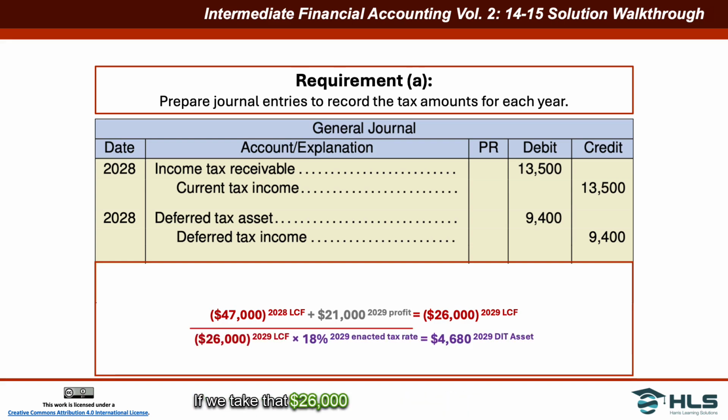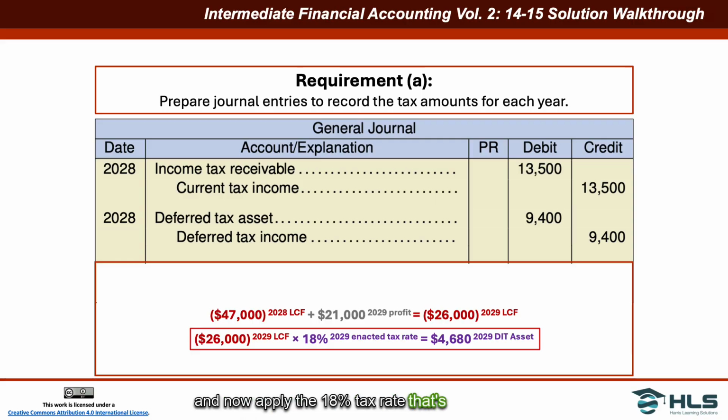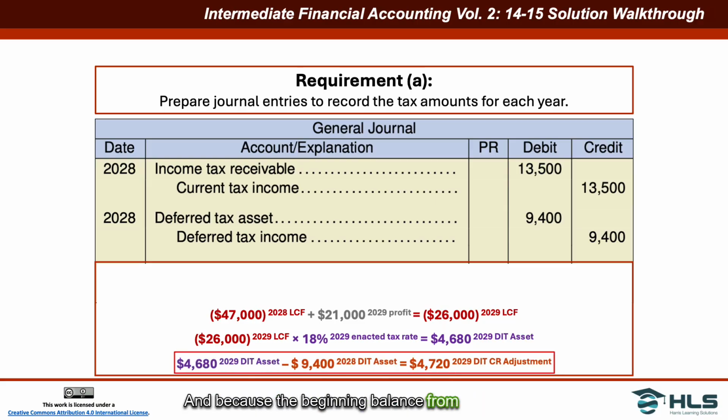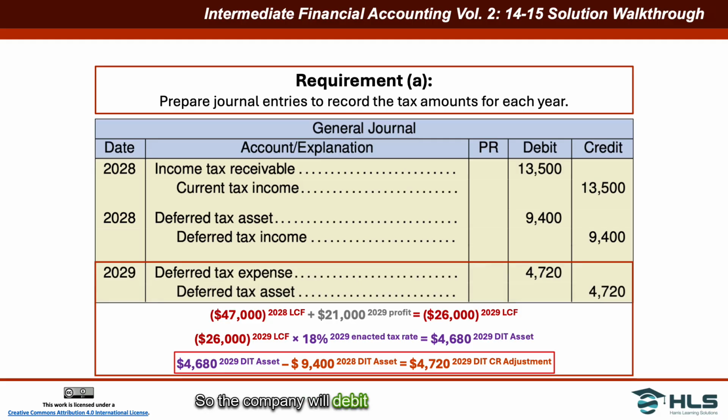If we take that $26,000 remaining loss carry forward and now apply the 18% tax rate that's applicable to 2029, this means now that our deferred tax balance should be $4,680 at the end of 2029. And because the beginning balance from the previous year was $9,400, we need to adjust the deferred tax account by $4,720. So the company will debit deferred tax expense for $4,720 and credit the deferred income tax asset by the same amount.